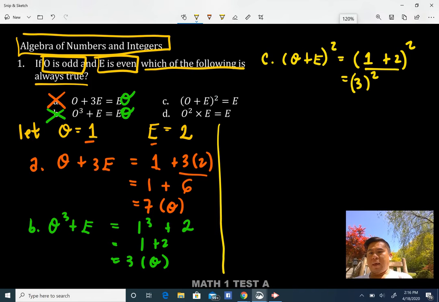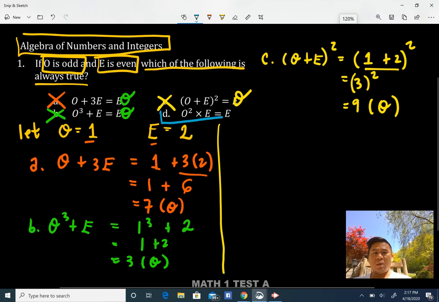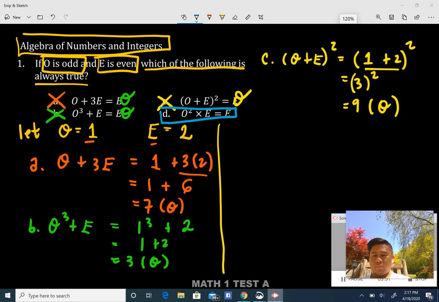I will add first those inside the parentheses according to order of operations, and I'm going to get 9, which is an odd number as well. So therefore, letter C is actually wrong. That should be an odd number. That only leaves me with letter D as my correct answer in this case, obviously by the method of elimination.